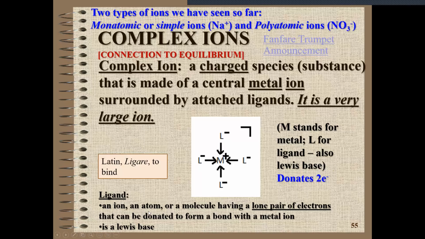And here's a definition of a ligand. You should know this. An ion, an atom, or a molecule having a lone pair of electrons that can be donated to form a bond with a metal. So each of these L's are attached to the central metal ion, and they're called ligands.